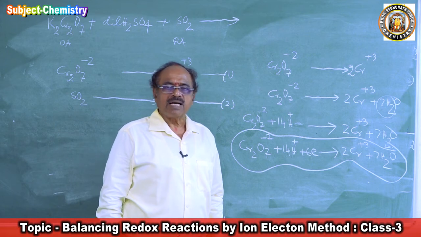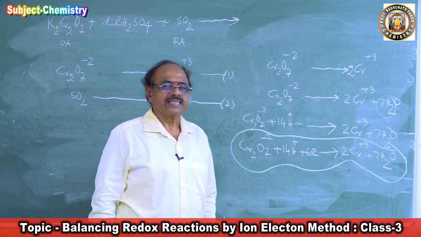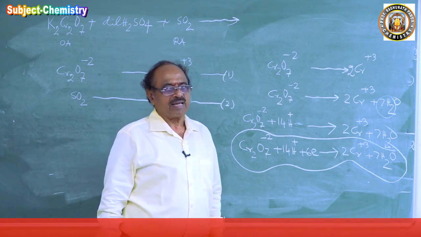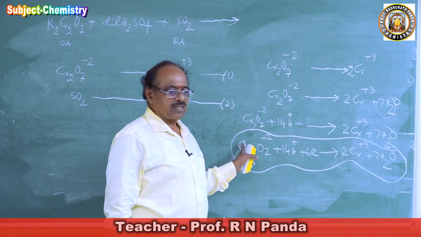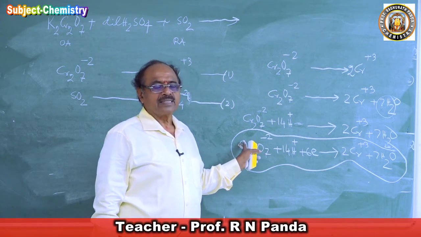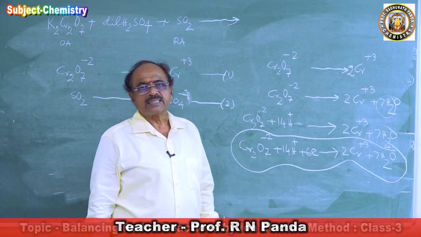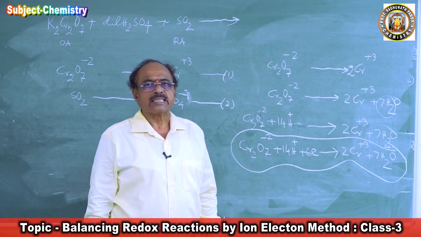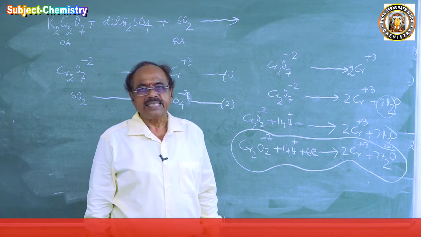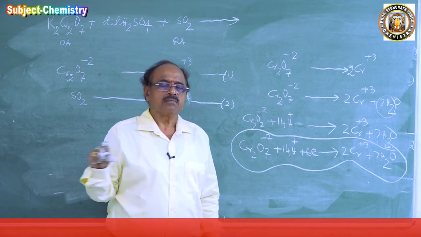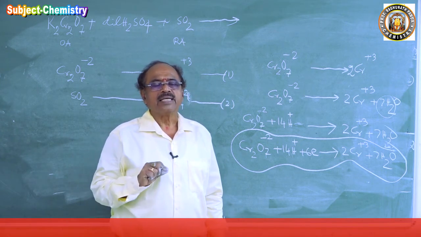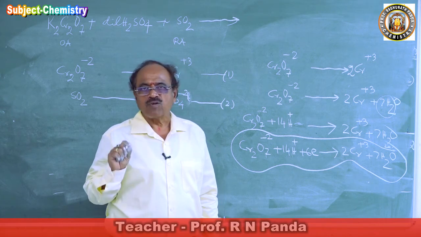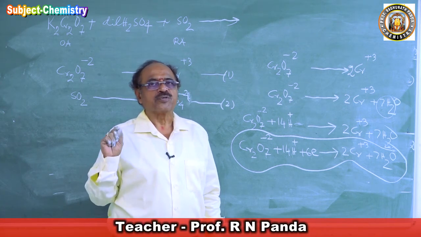So the equivalent mass of potassium permanganate is molecular mass by 5. Here the equivalent mass of potassium dichromate is molecular mass by 6. Why? The equivalent mass of an oxidizing agent or reducing agent is the molecular mass divided by the number of electrons involved in its ionic equation.